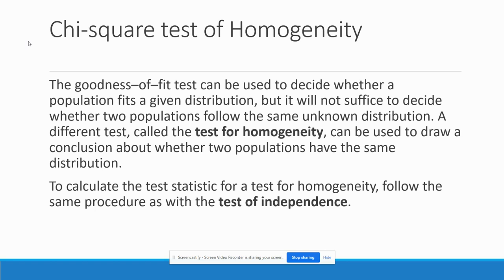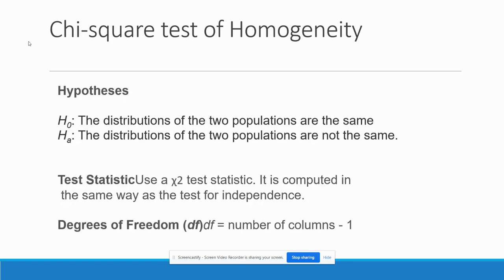To calculate the test statistic for the test of homogeneity, we do the same thing that we did for the test of independence. There are slight differences, but it's not too bad. Our hypotheses are different, but to me they're a little bit easier. The null is the distributions of the two populations are the same, and the alternative is the distributions of the two populations are not the same.